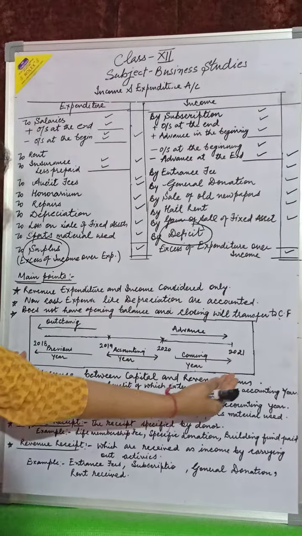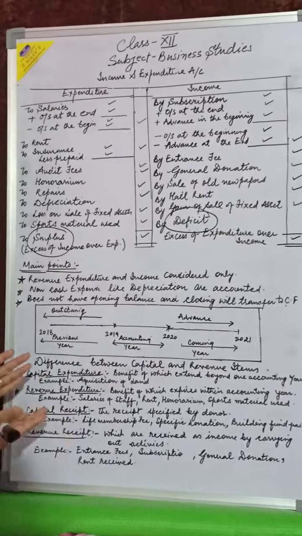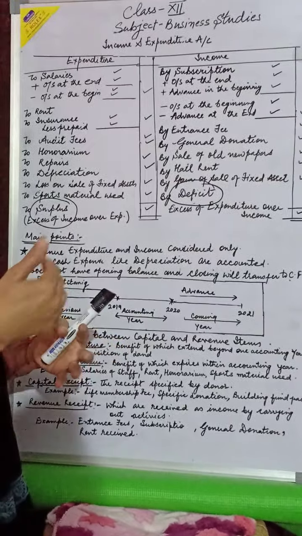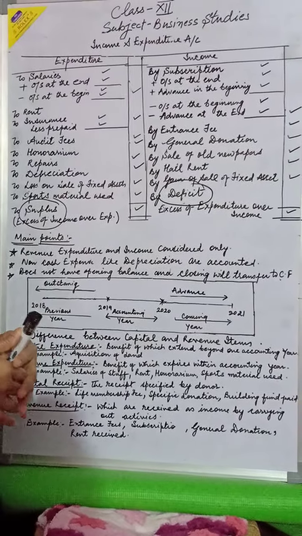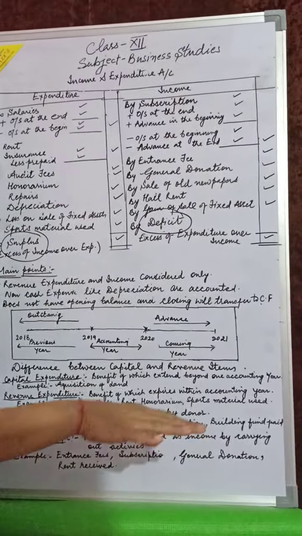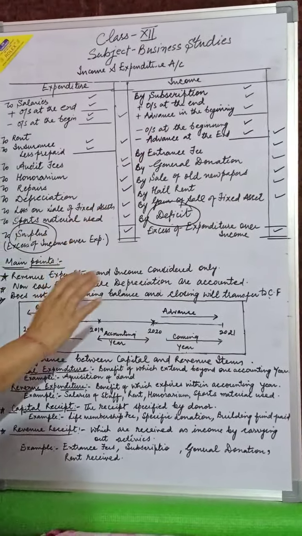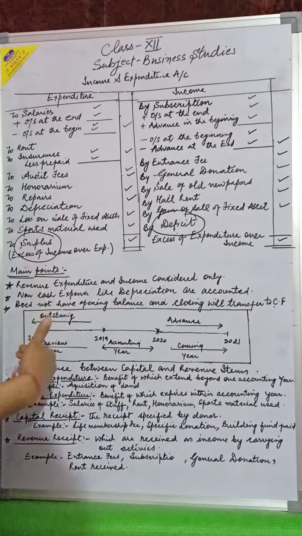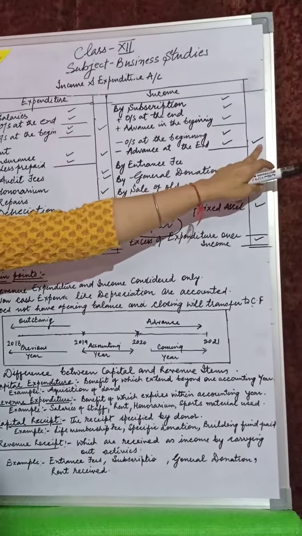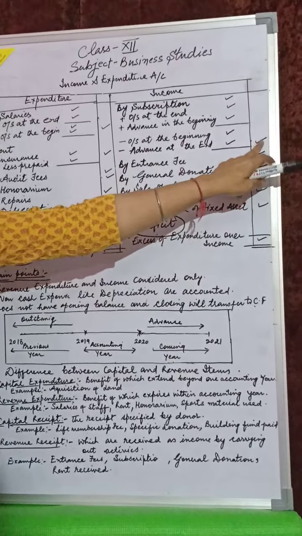With the help of this you can understand. Sometimes the subscriptions are given as a lump sum, like subscriptions outstanding at the end, or advance subscriptions are there. How are you going to calculate exactly which will be part of this side?